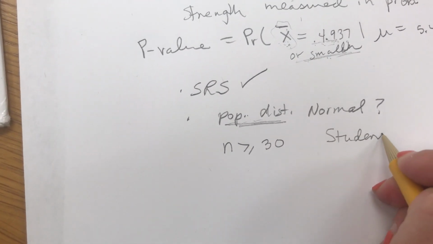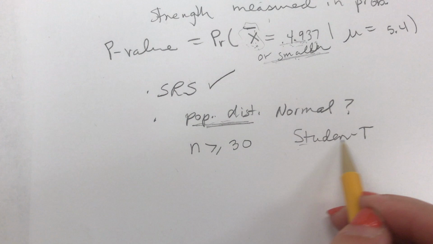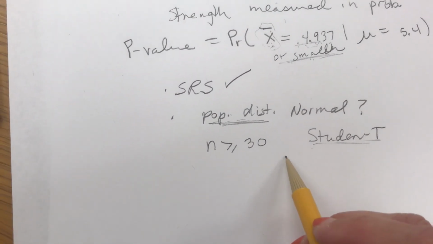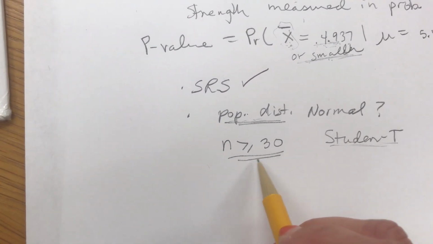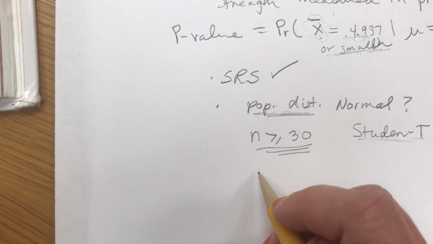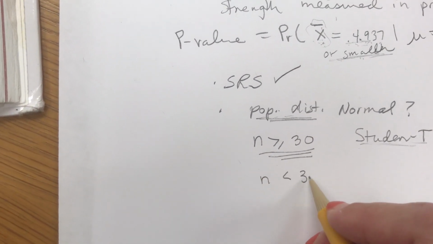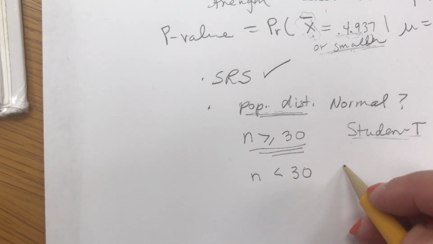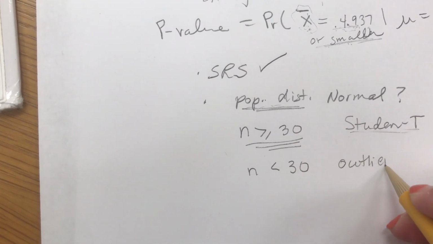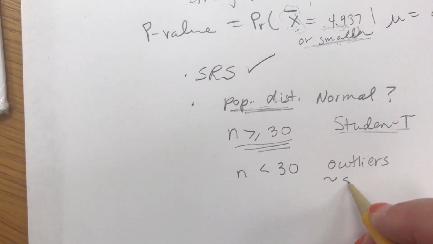distribution approximates the distribution, and I have a sample of size 40, so we're good with that. Just in case I take a smaller sample, I need to check outliers and rough symmetry.